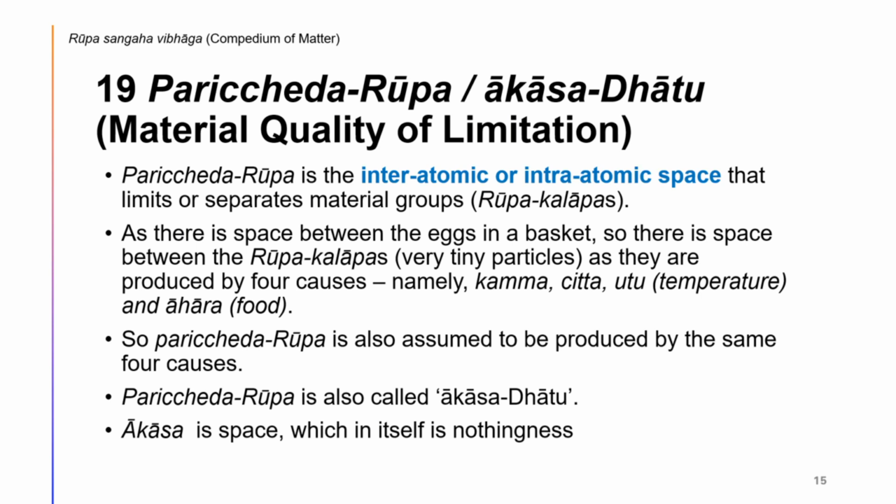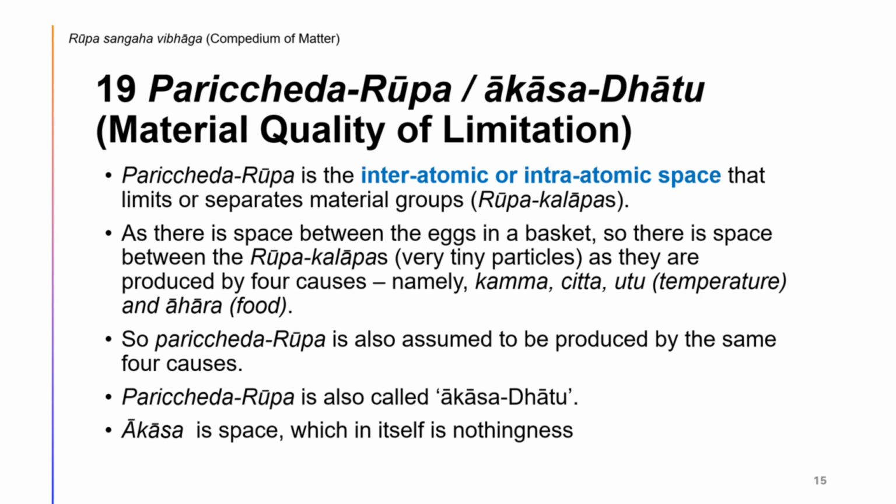I mean all the electrons, atoms, all that, very tiny particles, as they are produced by the four causes. We'll talk later about another interesting thing, how Rupa is produced by Kamma, by Citta, by Utu, and Ahara.